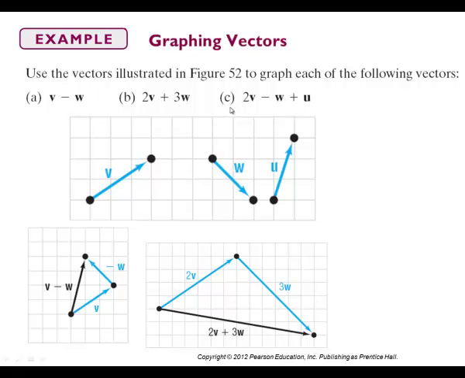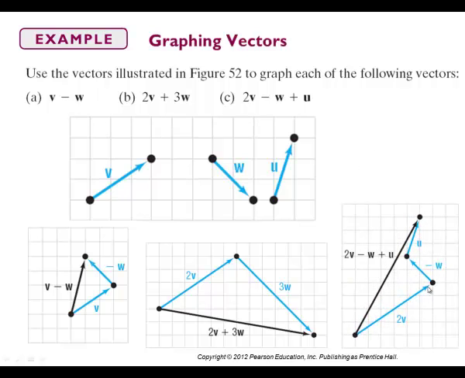And then for C, here's your initial vector again, vector v. Now it's going to be 2 times that minus w. So the second vector is going to be switching direction. Instead of being 2 down and 2 right, it'll be 2 left and 2 up. And see, there it is.